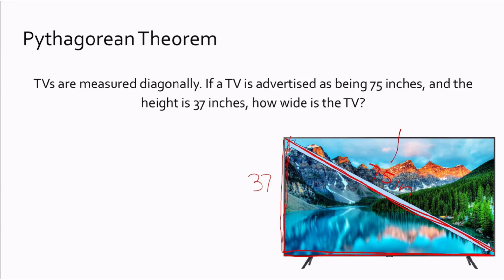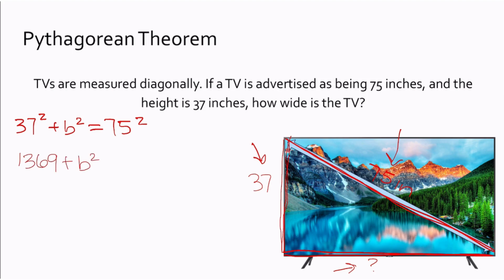So again, we know the hypotenuse, we know one leg, but we don't know this last leg. So we can say 37 squared plus b squared equals 75 squared. 37 squared is 1,369 plus b squared equals 75 squared is 5,625. And then we'll subtract 1,369 from both sides.